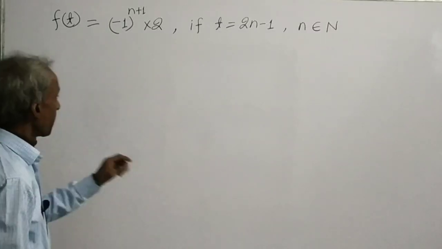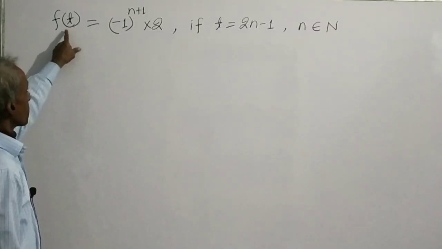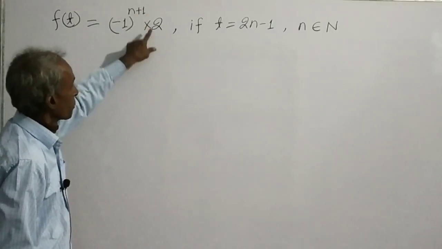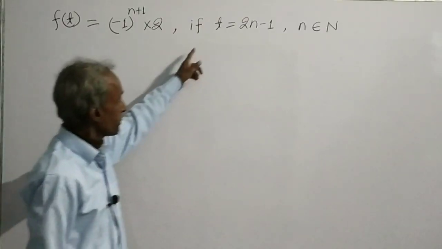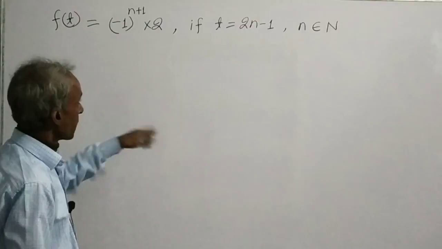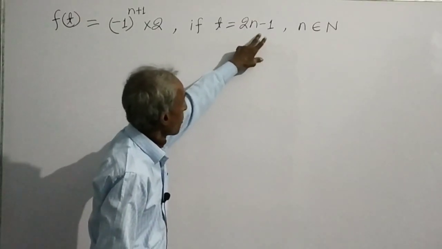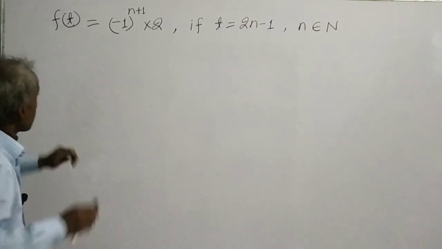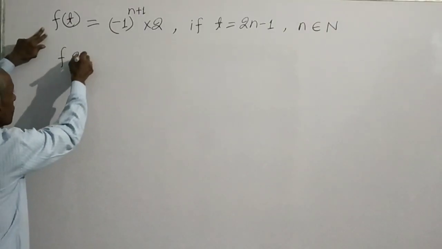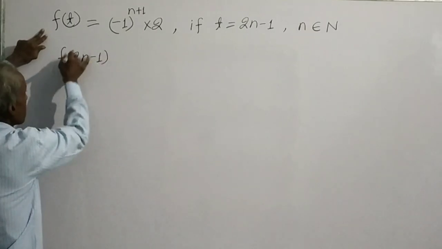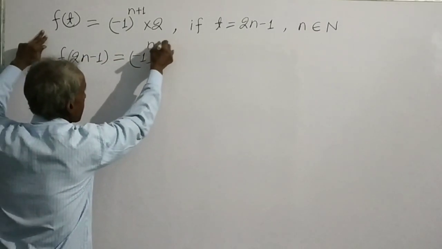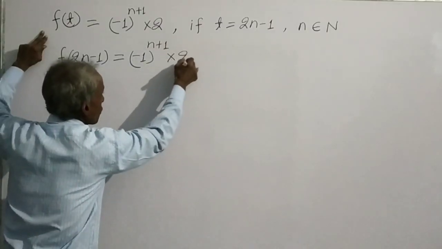It is given in this question that f(t) is equal to (-1)^(n+1) times 2. If t is equal to 2n minus 1, when we put this value of t here, then we get f(2n-1) is equal to (-1)^(n+1) times 2.